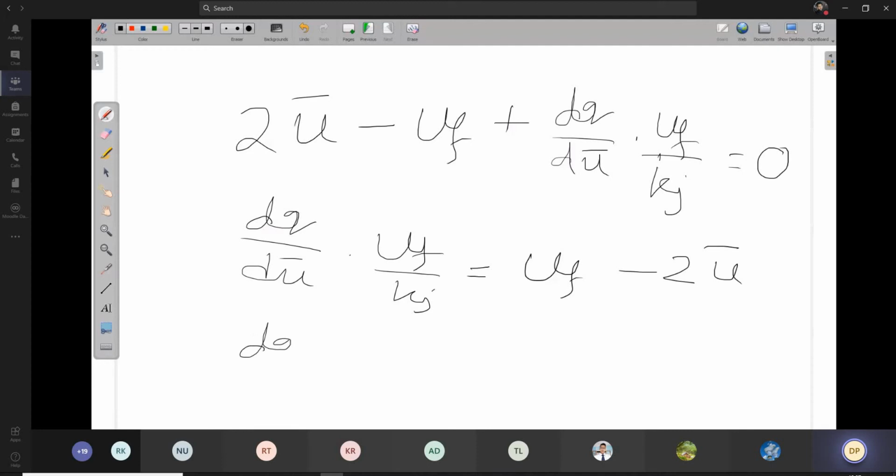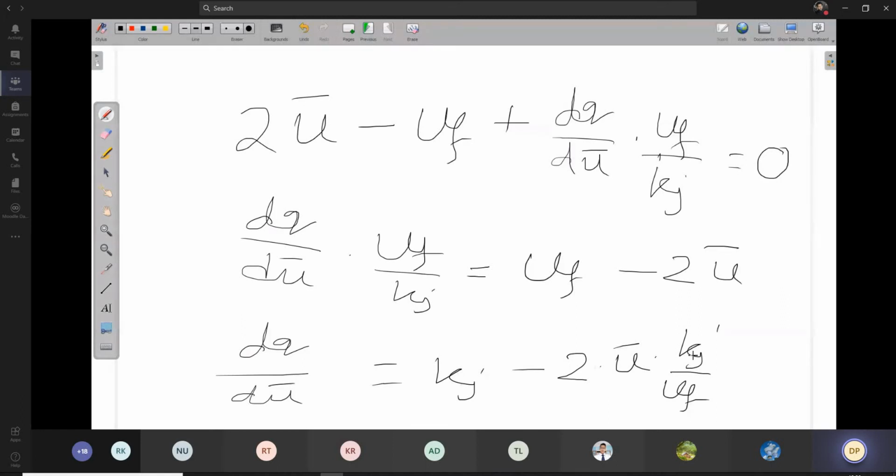Multiplying by kj by uf, dq by du bar is equal to kj minus 2 u bar into kj divided by uf.